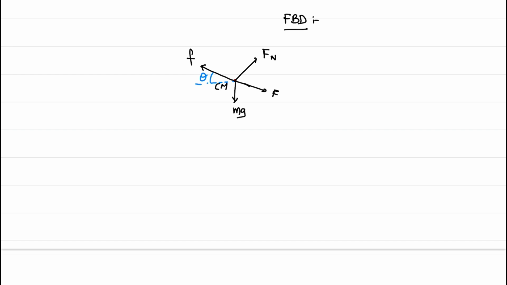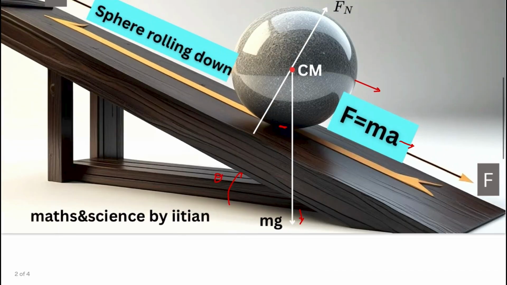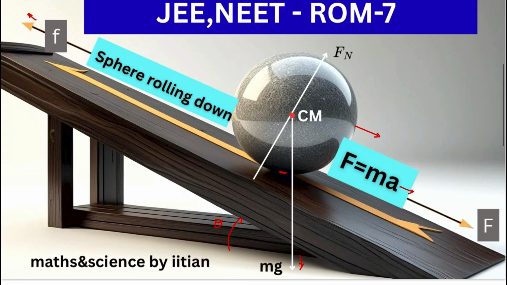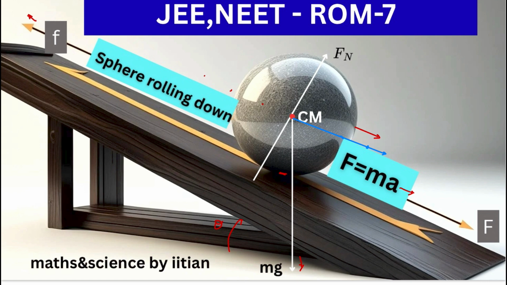And the Cm will be rolling, that means Cm will be moving. Let us take the center of mass as one particle, and it is moving down the plane. You see here, I will show you. As the body is moving, Cm is moving in this direction. From this place to this place, Cm is moving, and it will move down.